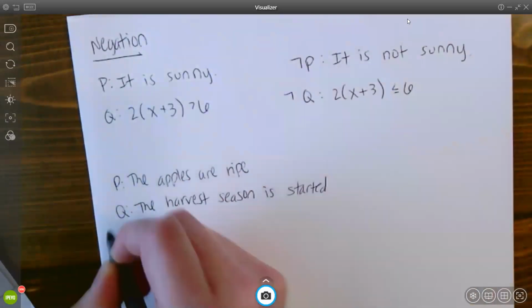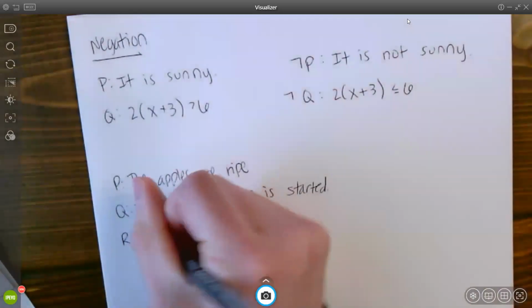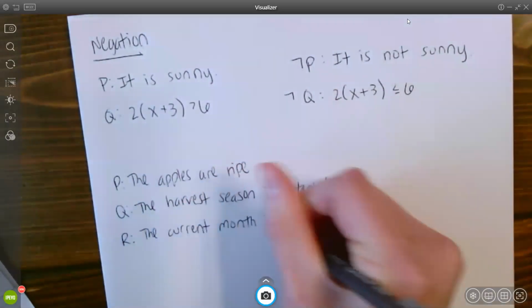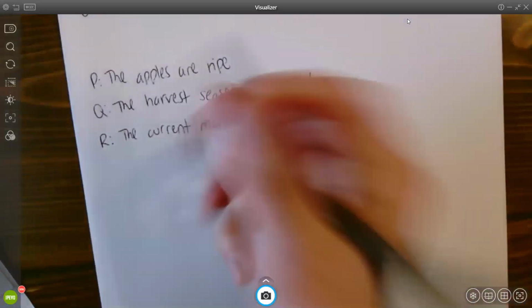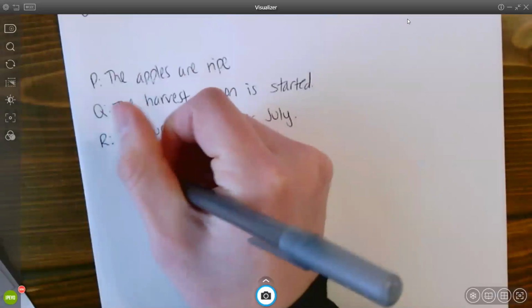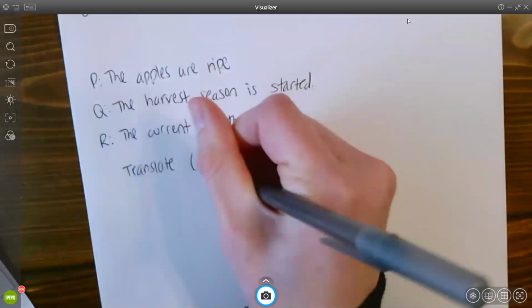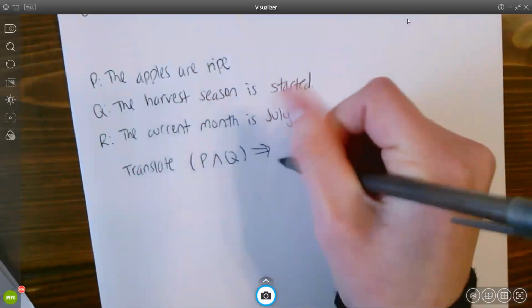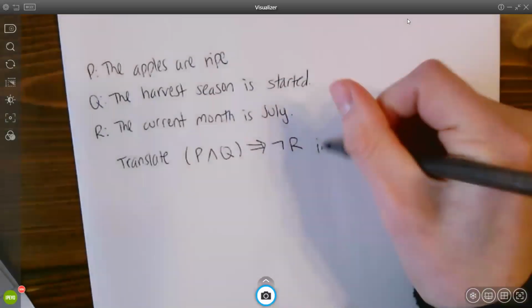And we're going to actually add an R here, which is the current month is July. So we are going to translate this right here into words.